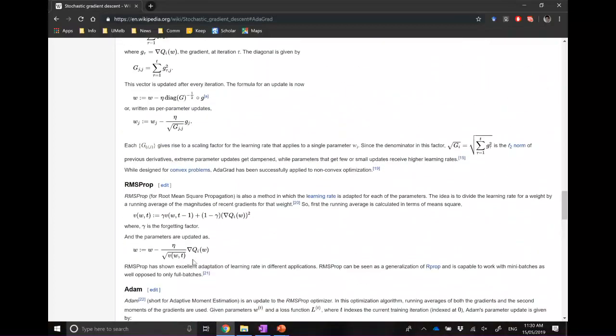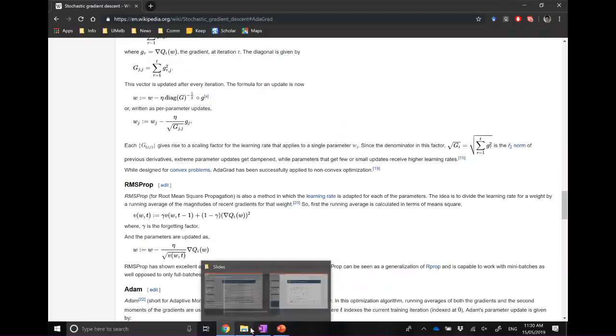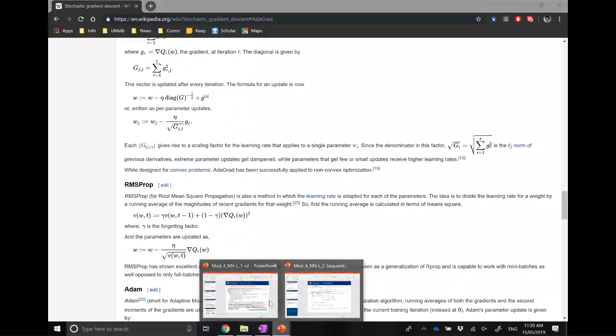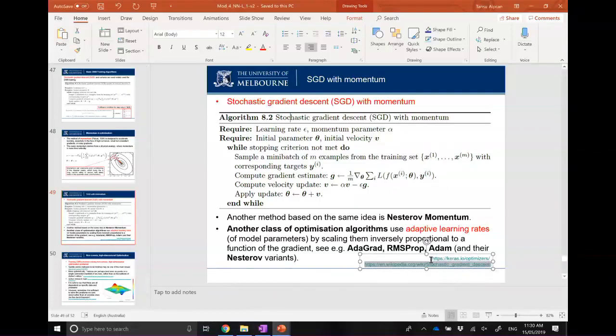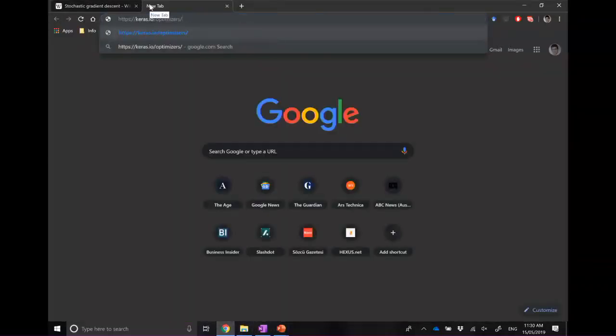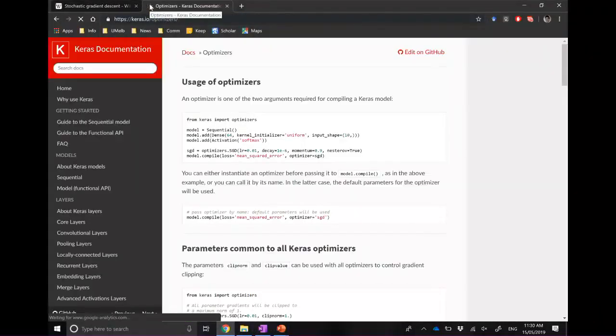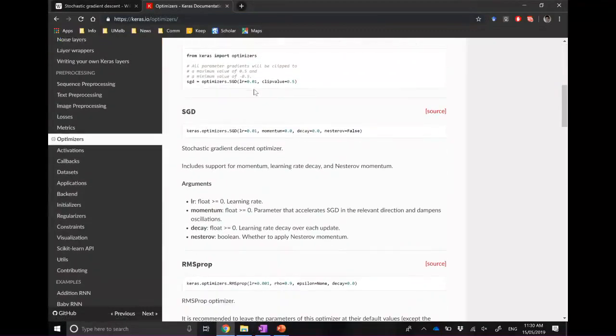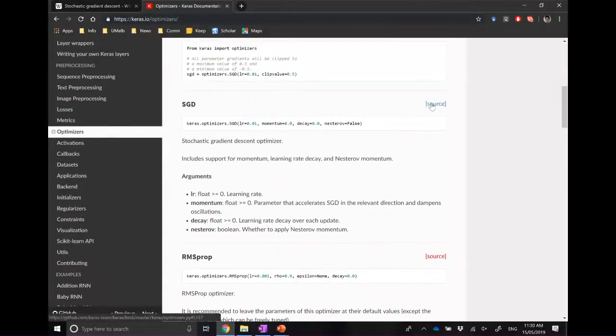You can look at these, and as I was saying, going through Keras, should we click it or not? Maybe I should show this. When you go to the optimizers, the usage of optimizers is here, and here's the link that I was talking about.